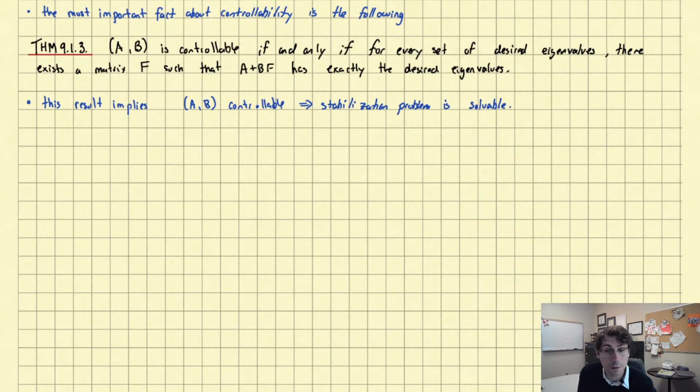Right? Just pick all your eigenvalues to have magnitude less than 1, solve for F, and use that controller. Okay. So let's do an example of exactly that.